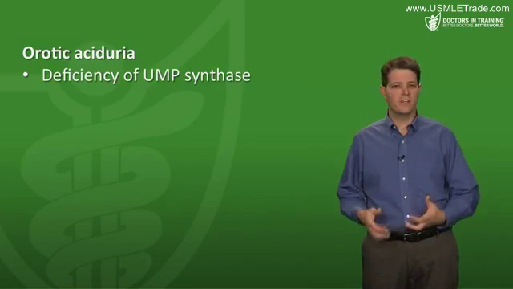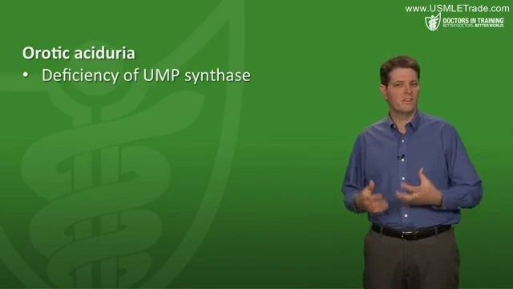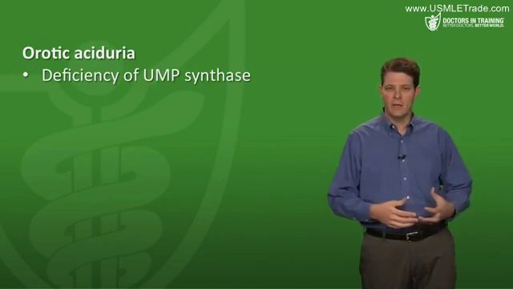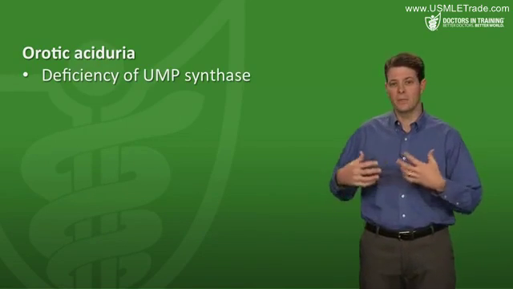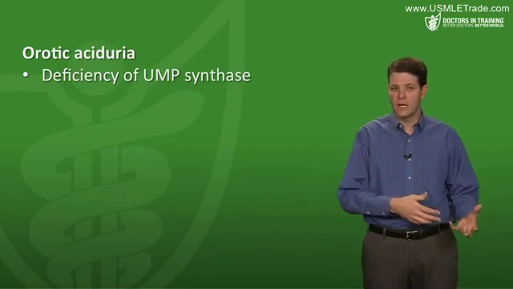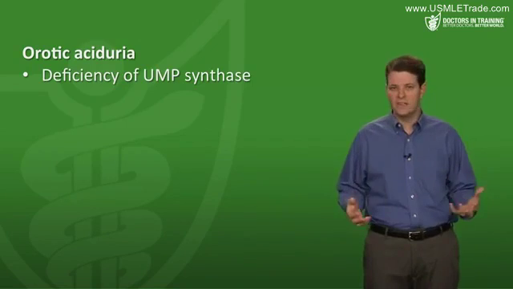Now, back up on letter B, we mentioned a disease called orotic aciduria, which is caused by a deficiency of the enzyme UMP synthase. So when that UMP synthase doesn't work, you're not able to convert orotic acid to UMP. And that means that orotic acid is going to start building up in the blood, and then it's going to spill into the urine. So it's orotic aciduria. And take note, it's not erotic acid like 50 Shades of DNA.